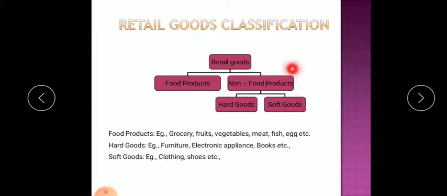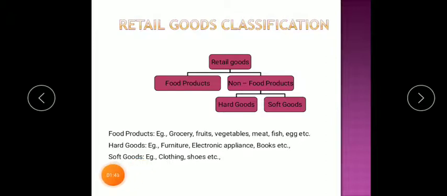Non-edible products, that is non-food products, are further classified into hard goods and soft goods. Now what are these hard goods and soft goods? Hard goods, as the name suggests, are physically very hard, for example furniture, electronic appliances, books, etc. Whenever you touch them, the surface is quite hard, the texture is hard.